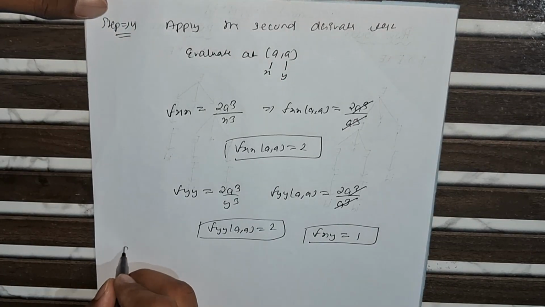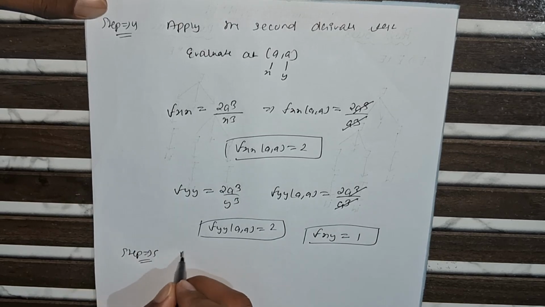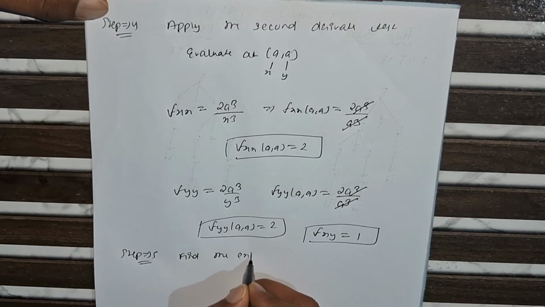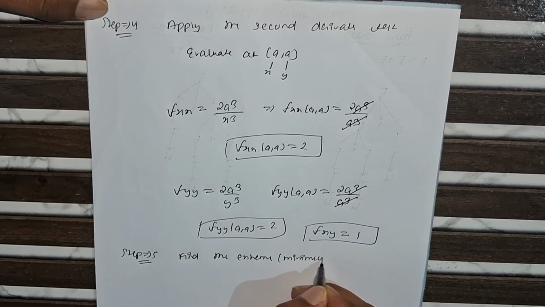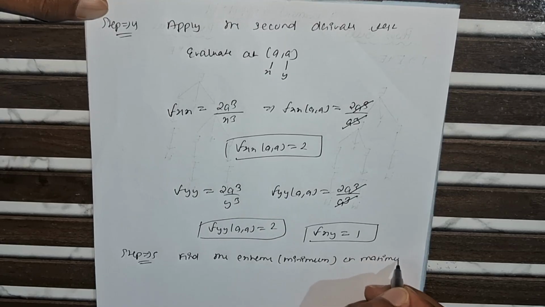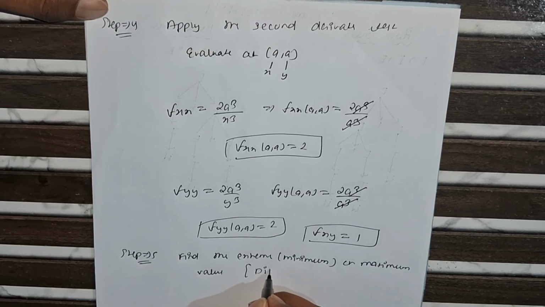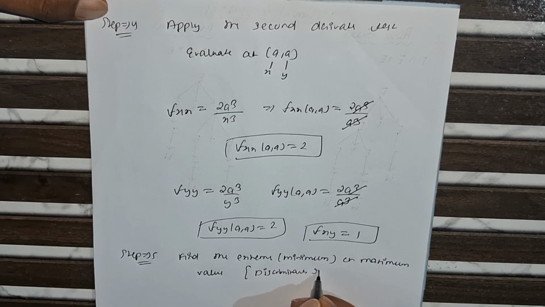So now our step 5 is find the extreme, means minimum or maximum value with the help of the discriminant rule.